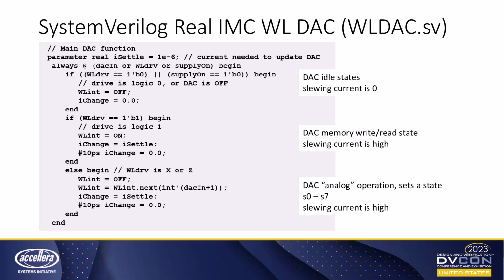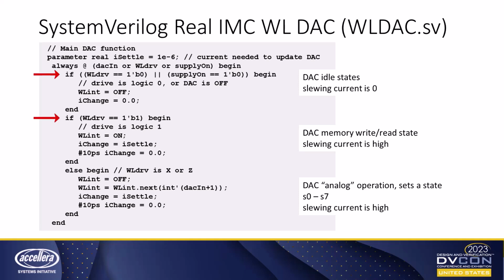Now, how we envision the circuit is going to be realized and how we built the model is that if the DAC is supposed to be driving the word line either full on or full off, then the WL drive input to the DAC needs to be driven, and for analog computation, it should be undriven.